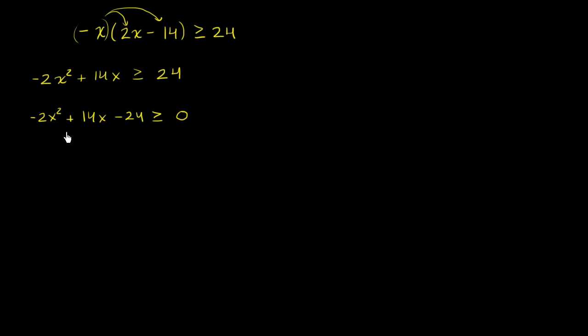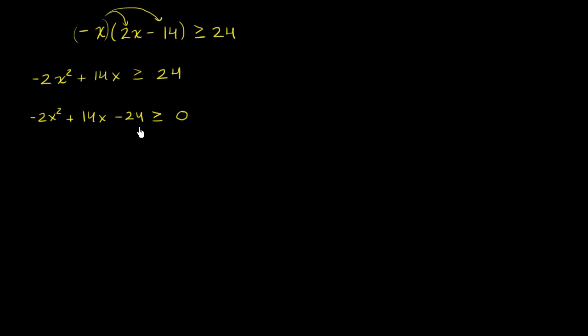Now, I don't like having this negative 2 out front. So what I want to do is divide this left-hand side by negative 2. But I can't just divide the left-hand side only by negative 2. I have to divide the right-hand side by negative 2 as well. And anytime I multiply or divide both sides of an inequality by a negative number, it's going to flip the inequality.